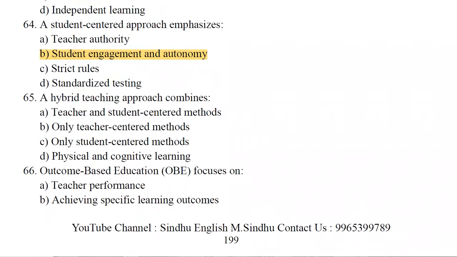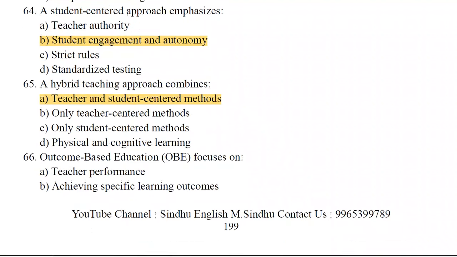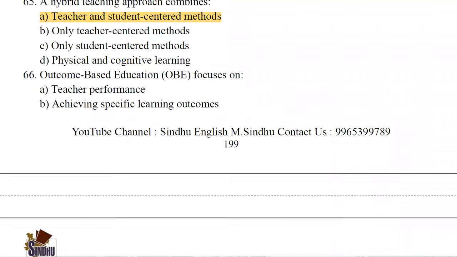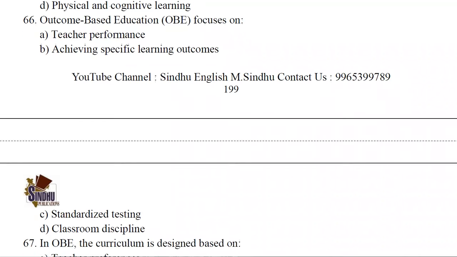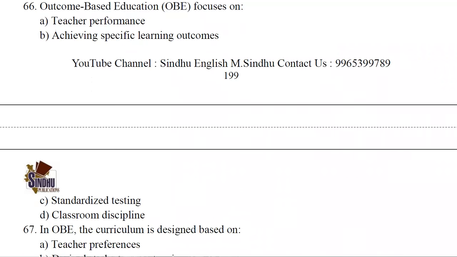A hybrid teaching approach combines teacher and student-centered methods. Outcome-based education, OBE, focuses on achieving specific learning outcomes.